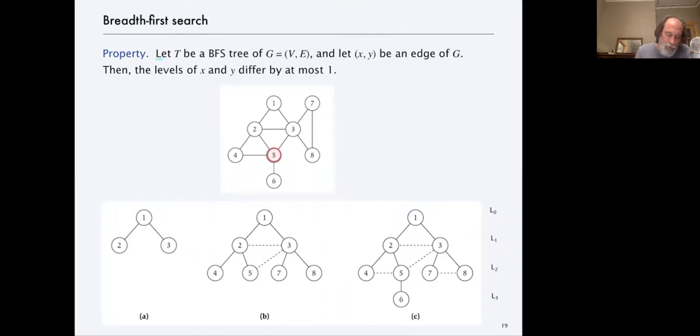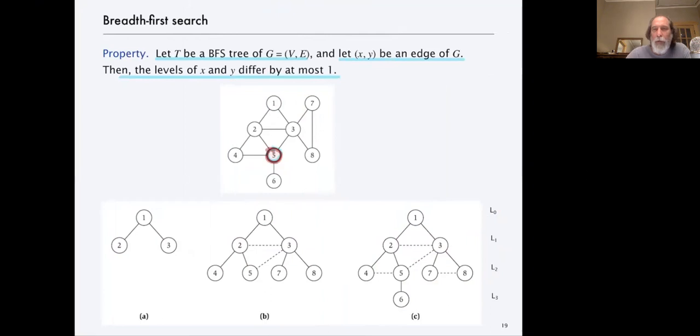So the property: T is a breadth-first search tree of G, and XY is an edge of G. Then the levels of X and Y differ by at most 1 in the tree. Why is that? Well, consider this node 5.